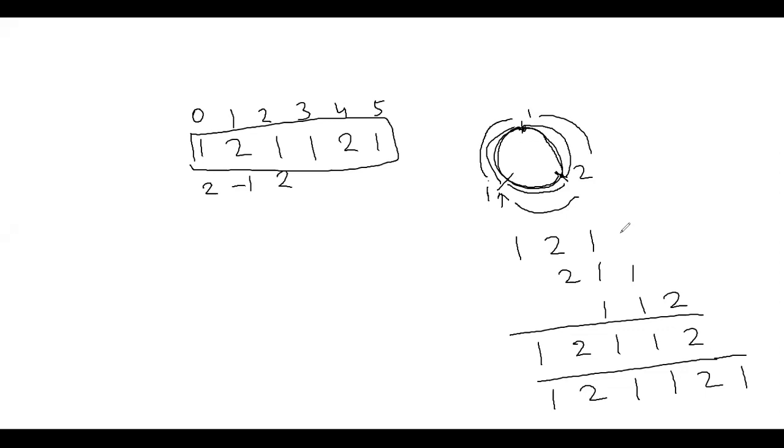Here we can say that 0 and 3 actually mean the same thing. 1 and 4 mean the same. 2 and 5 mean the same. Because on that clock, you will see they are the same values. They are the exact same, guys.